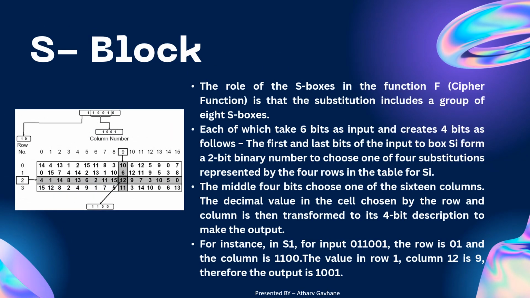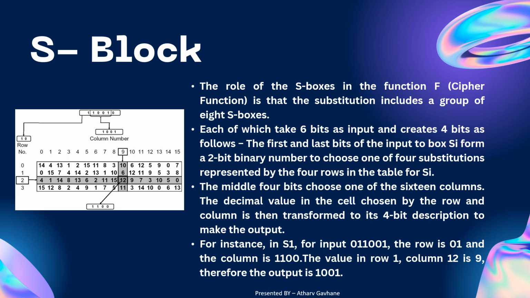S boxes. The role of the S boxes in the function f, the cipher function, is substitution. It includes a group of 8 S boxes, each of which takes 6 bits as input and creates 4 bits as output. The first and last bits of the input to box Si form a 2-bit binary number to choose one of the 4 substitutions represented by the 4 rows in the table for Si.